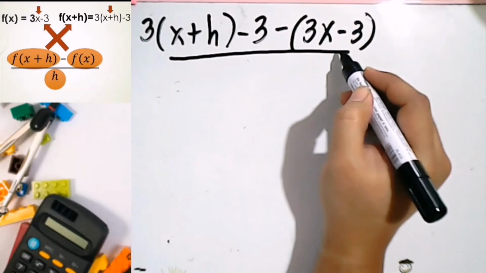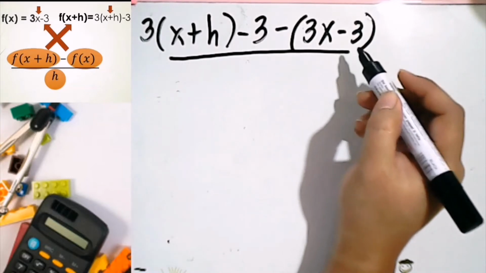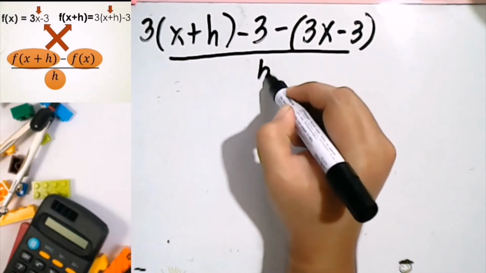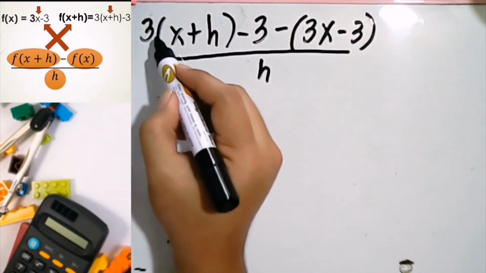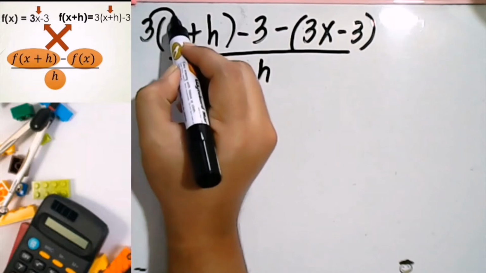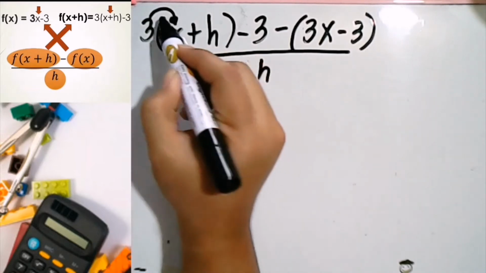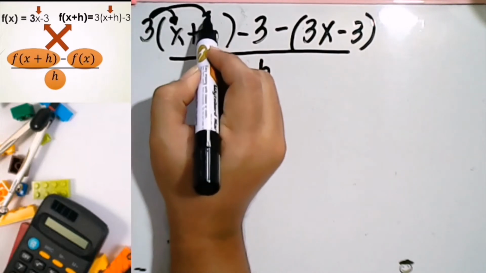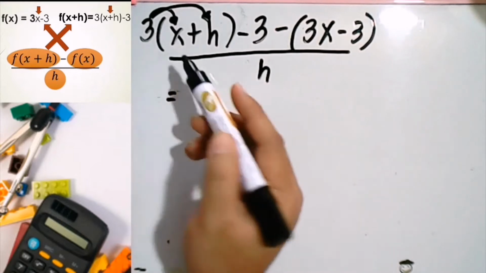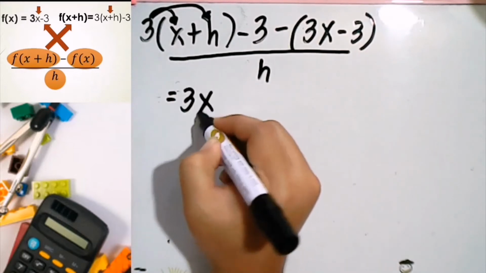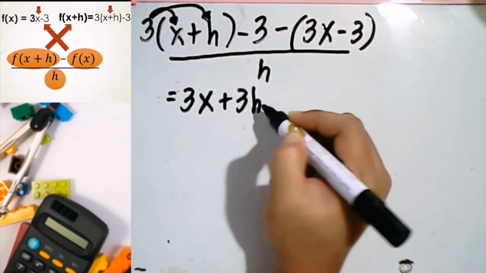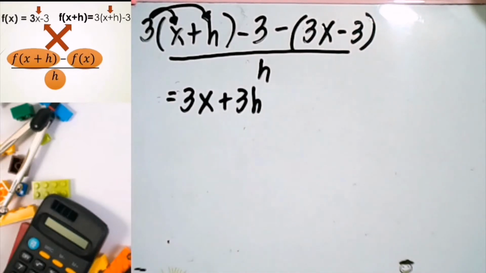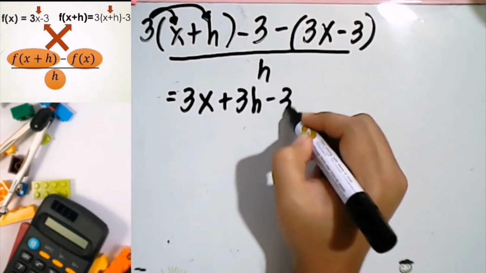Now, since we are done with that, what we will do is solve the equation. The first thing is to distribute 3 to x and to our h. So 3 times x is 3x, plus 3 times h is 3h, minus 3.